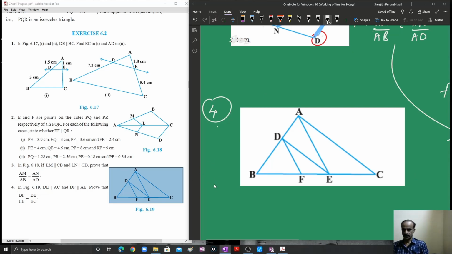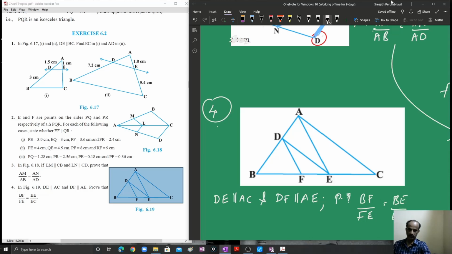Given part: DE is parallel to AC and DF is parallel to AE. We have to prove that BF by FE is equal to BE by EC. This is what we have to prove.